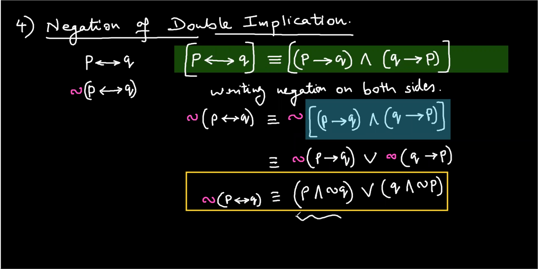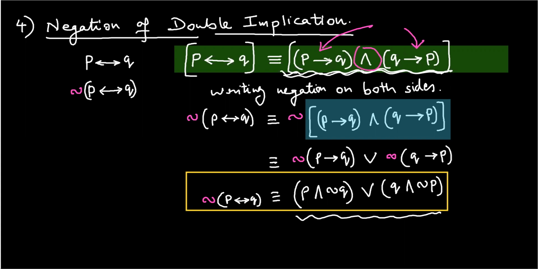Remembering this is very simple if you remember this logical equivalence. I know P double implication Q is P implies Q and Q implies P. So when I write the negation, it's going to be the negation of this, and this will turn into OR.